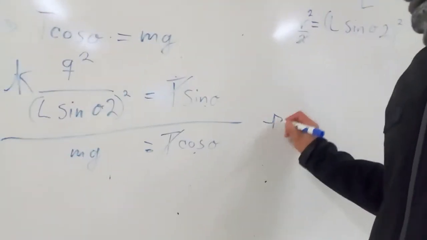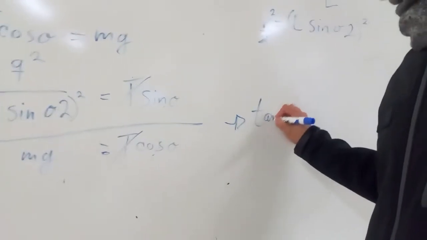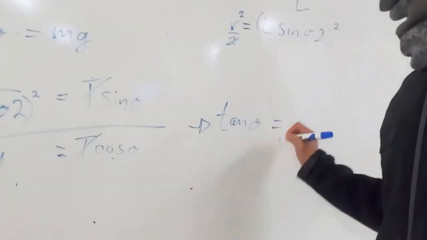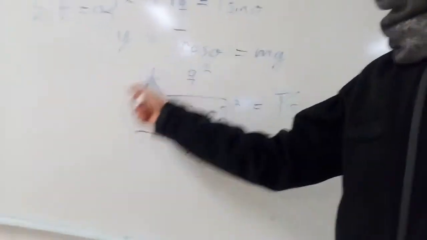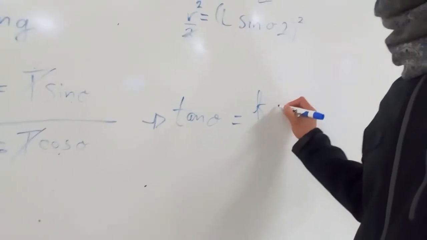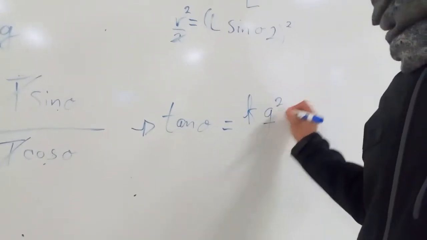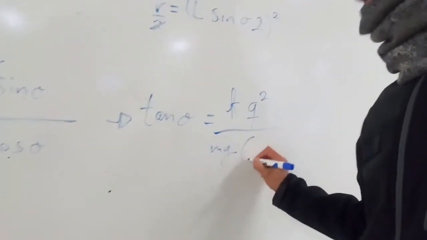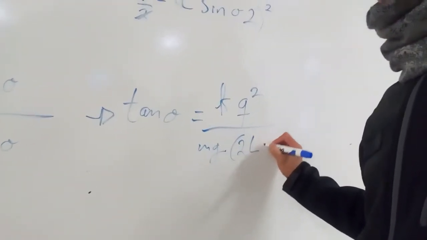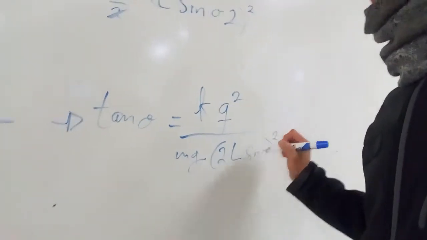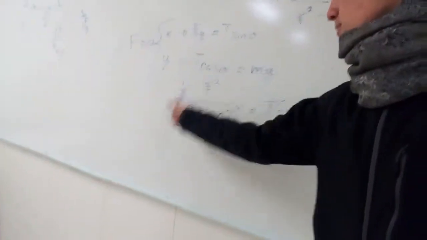So this will be equal to the tangent of theta for this part, and all this stays the same, but I'm going to rearrange it: the constant times the charge over the mass times gravity, over 2 times L sine of theta, all squared. So this part is exactly the same as this part.